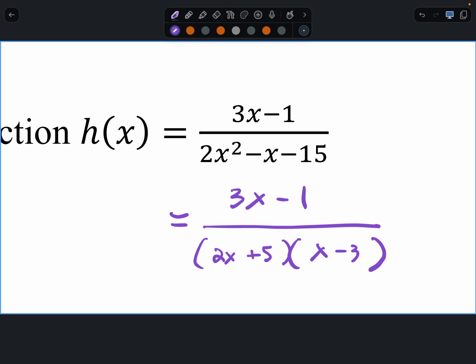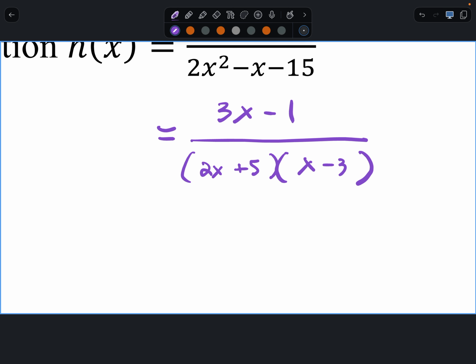Okay. So looking at that, we can say x can't be equal to those values. There's no common factor to cancel, which means no holes, no removable discontinuities. So both of these domain restrictions correspond to what graphically?